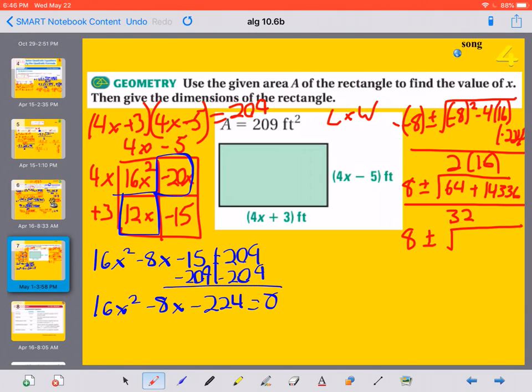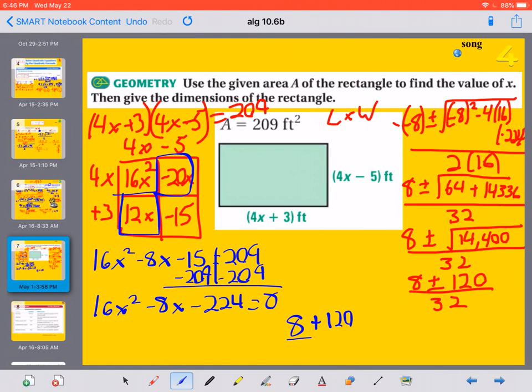Now the square root of 14,400 over 32. So if I do the square root of that number, I get 8 plus or minus 120 over 32. So I'll have 8 plus 120 divided by 32, and 8 minus 120 divided by 32.